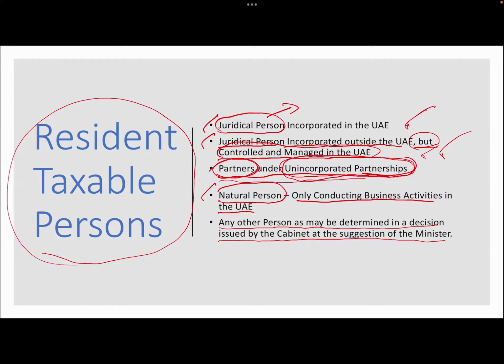Partners under unincorporated partnerships are taxed. Natural persons conducting business activities in the UAE are taxed. And any other person in the future where there may be a Cabinet decision or a ministerial decision which tells that such and such companies will also be taxed. Now let's go to the next slide.